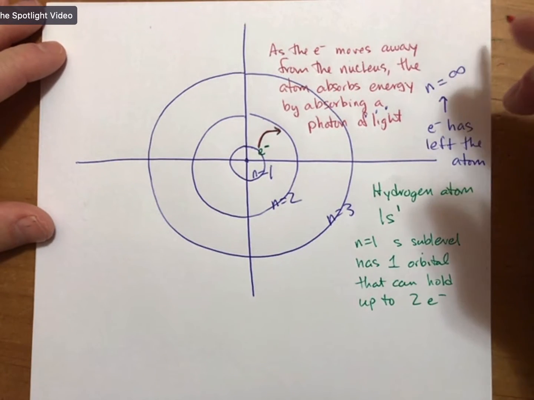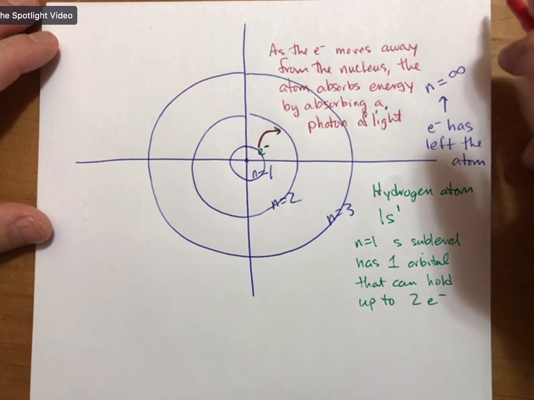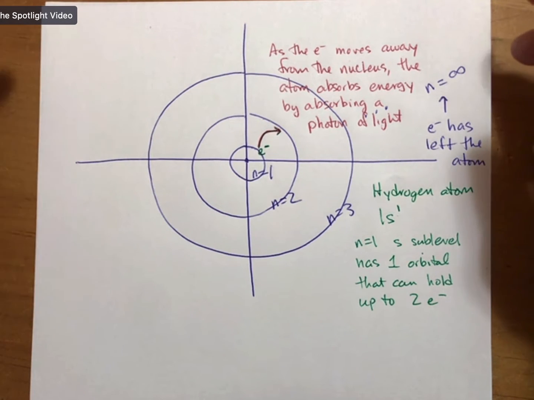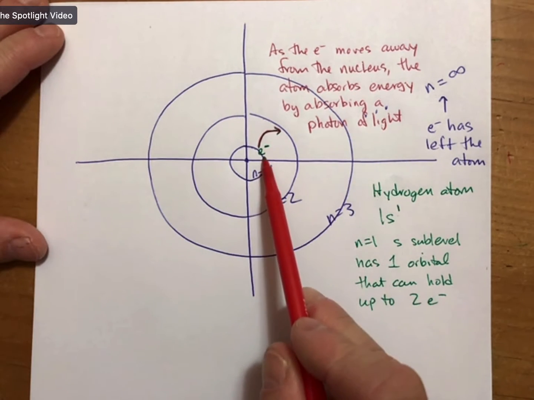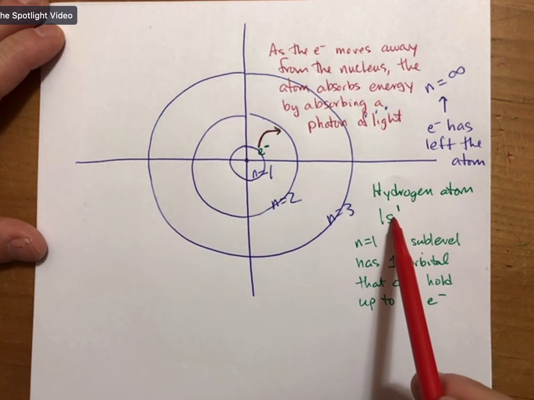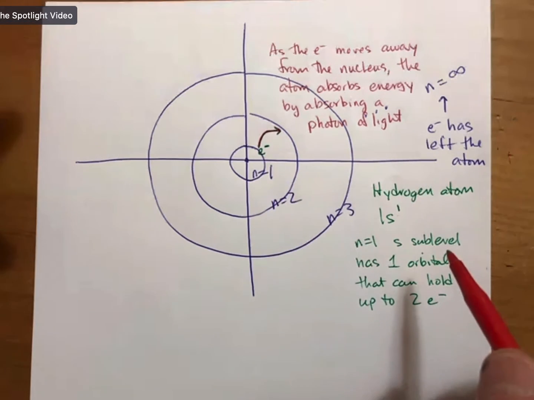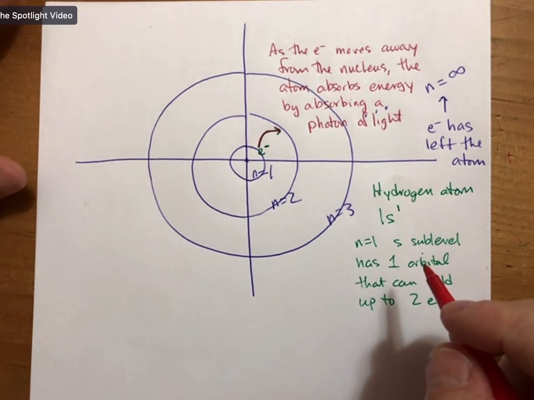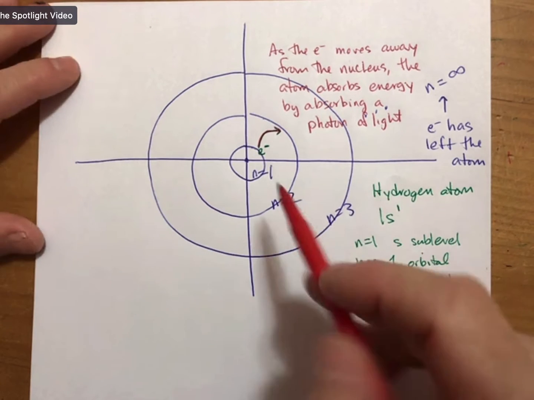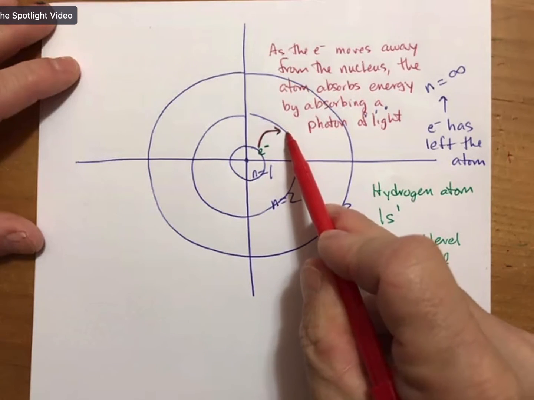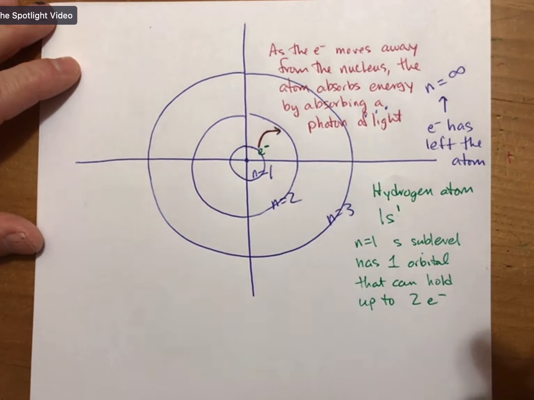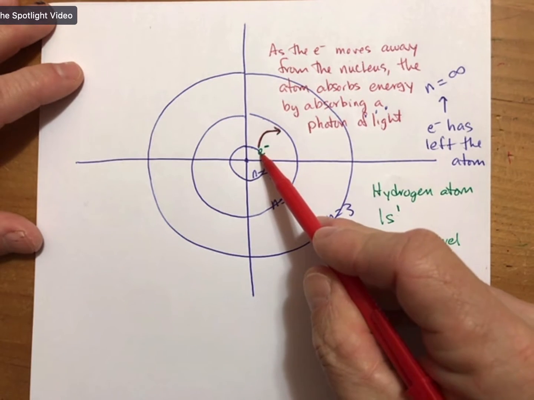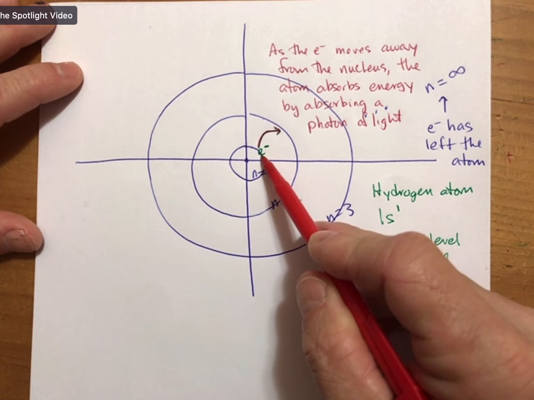Some other terminology we're going to run into today is that when the electron is in n equals 1 for hydrogen, that's what's called the ground state, which is the lowest energy state. When the electron moves to a higher energy, it's called the excited state, and the excited state is any energy level higher than the ground state.